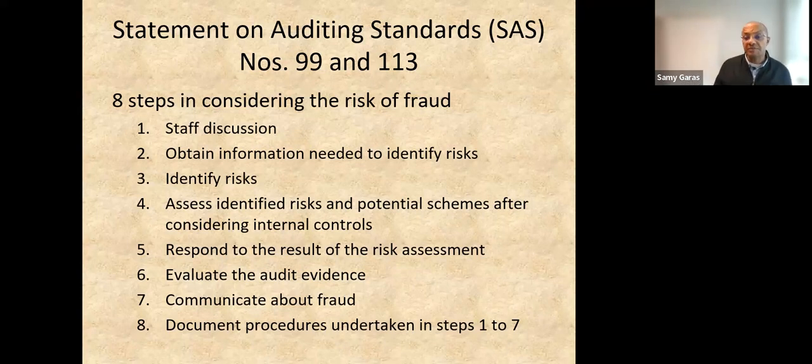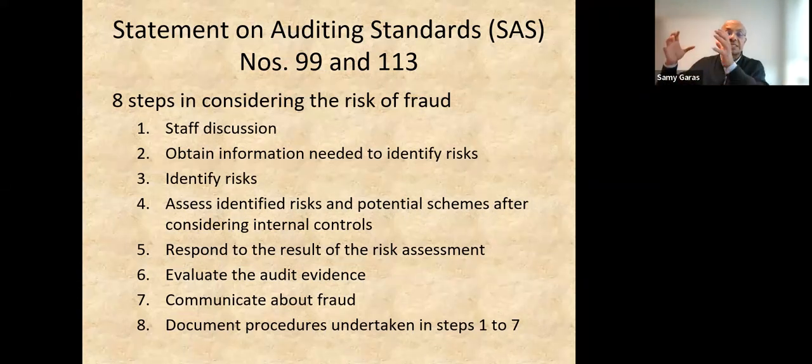And once we identify the risk, we need to see what are the potential schemes considering the internal control. So when we identify the risk, we ask the next question: is there any control to reduce this risk? There might be good control, but there might be secretive agreement among multiple people to commit fraud, which we call collusion. So we have to identify this one as well.